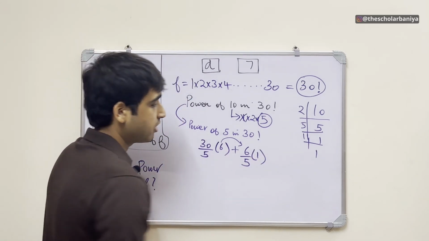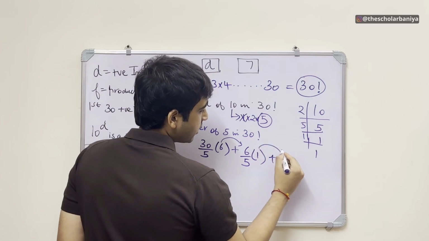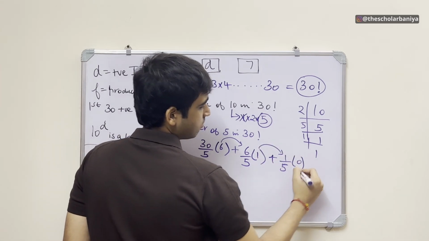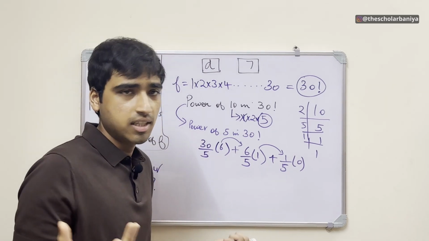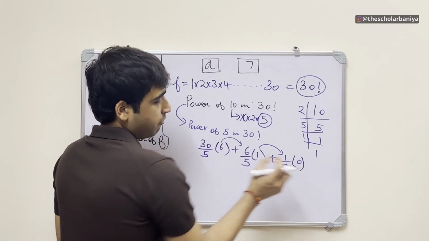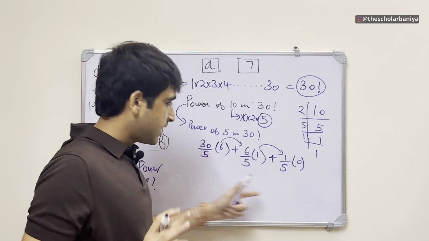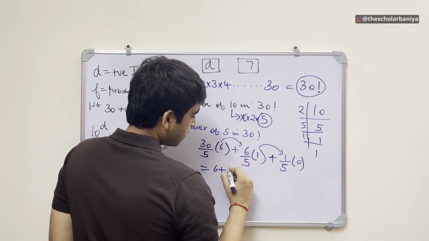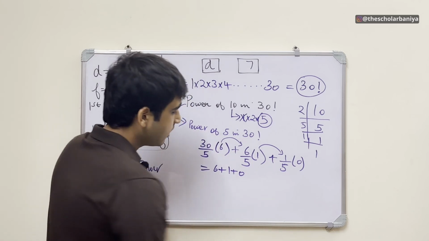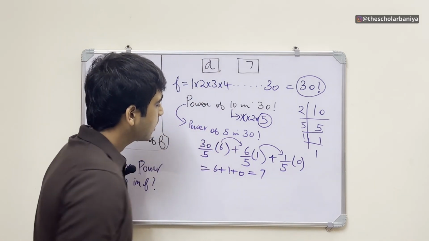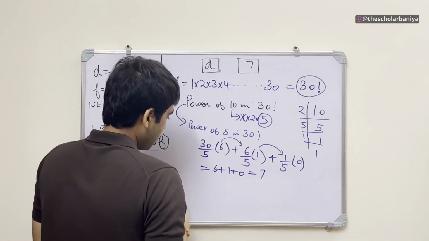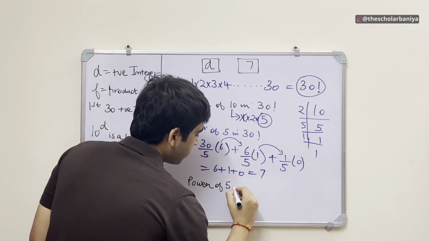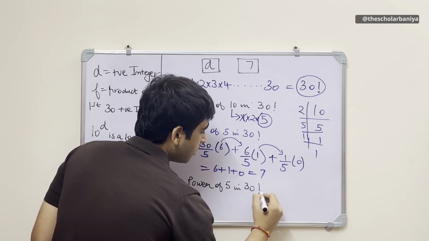We get 1 as the quotient. We transfer 1 over here, then we divide 1 by 5. We get 0. Once we get 0, the process finishes. So now we get 6 plus 1 plus 0, which is 7. That means the power of 5 in 30 factorial is equal to 7.